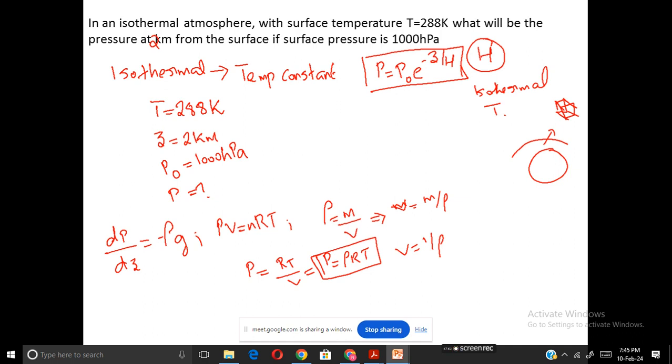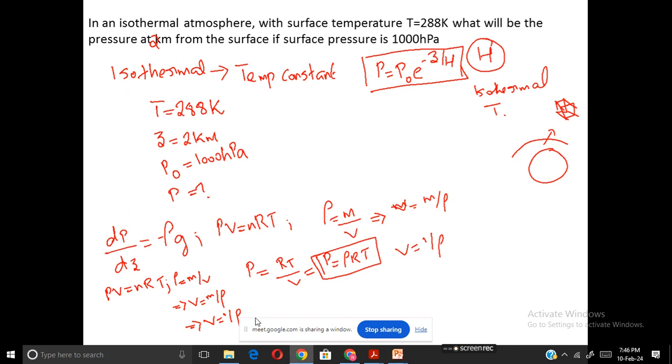So what we did, we considered two equations. First one is the hydrostatic equation, dP by dz is equal to minus rho g, and second one is the ideal gas equation, PV is equal to nRT. From PV is equal to nRT, we wrote rho is equal to M by V. We are considering unit mass of an air parcel, so V will basically become 1 by rho.